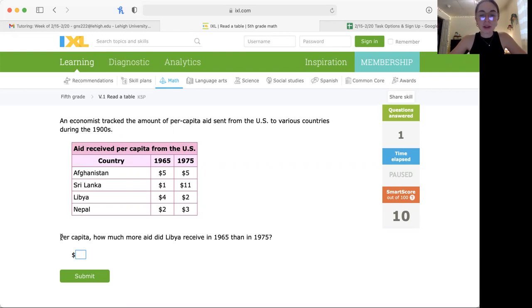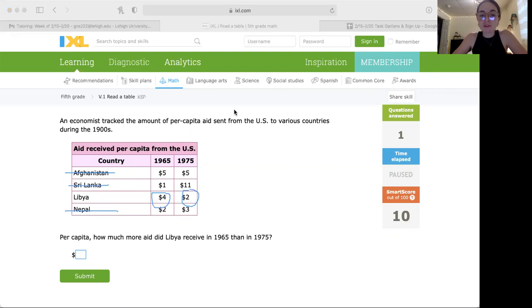And then the question that we're asked is, per capita, how much more aid did Libya receive in 1965 than in 1975? So we're not looking at any of these. It's only asking about Libya. And it's asking the difference between 1965 and 1975.